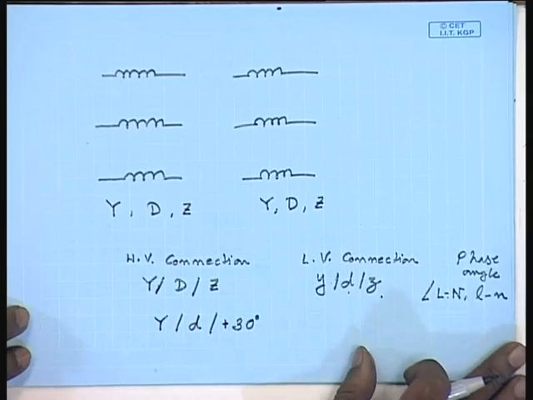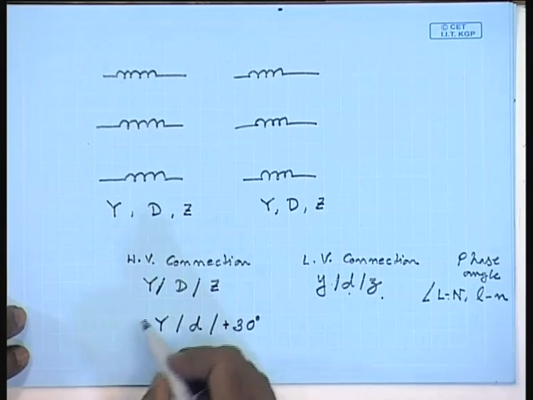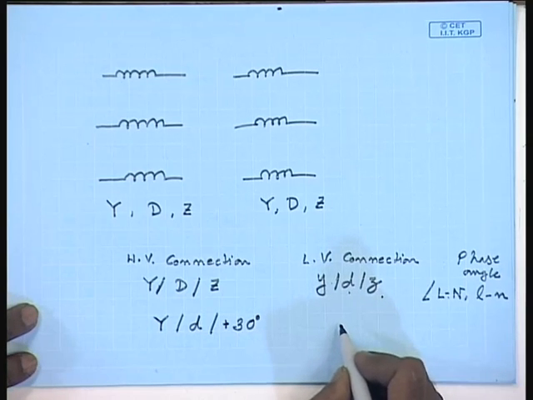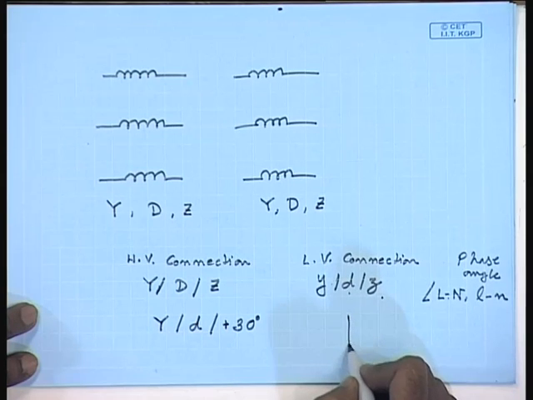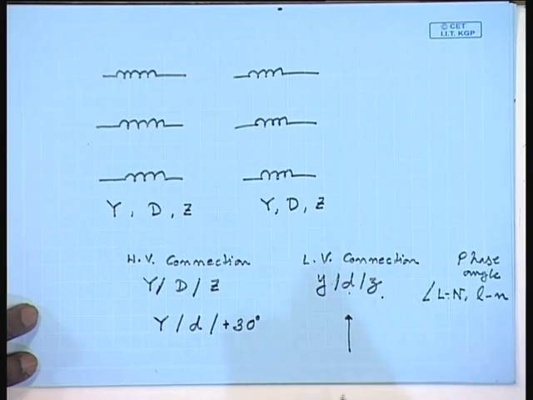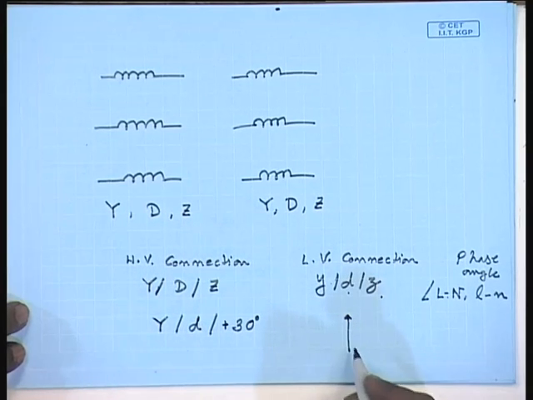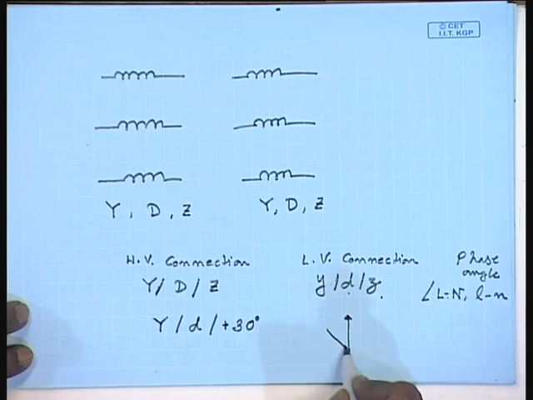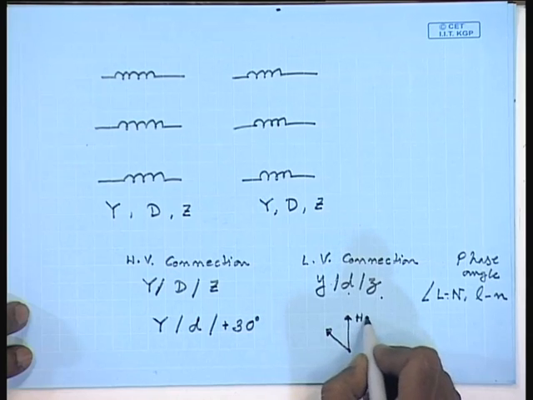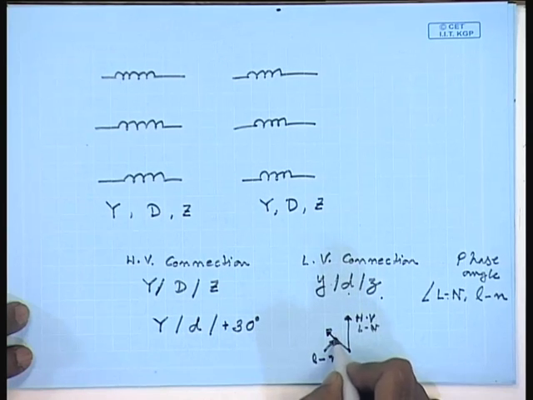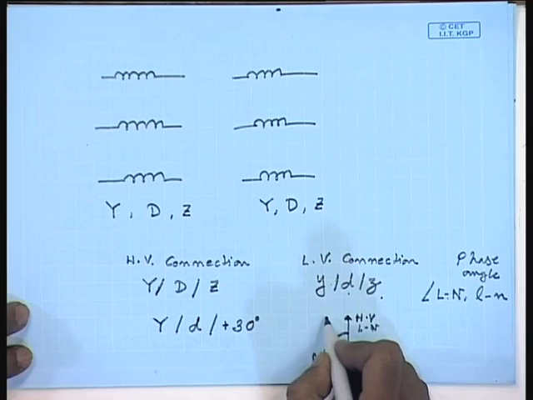This means the high voltage is star connected, the low voltage is delta connected, and the line to neutral phasor of low voltage winding leads the high voltage line to neutral phasor by 30 degree.